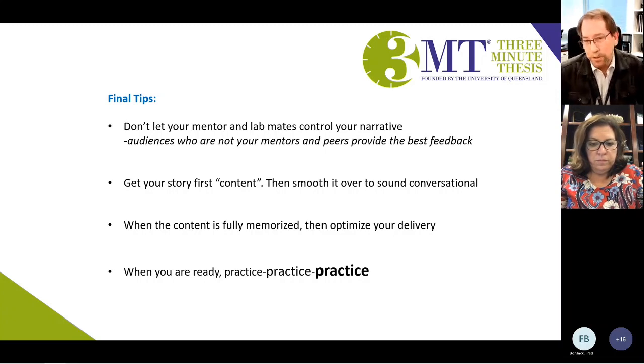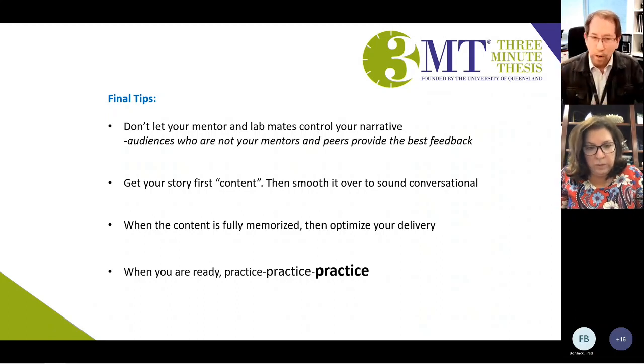Pass it by these people to see if it makes sense to them, and then you can pivot and change, and you'll know when you've found the real content that you want to present. When you've got that, then you can go back to your peers and see how they think about it. But really try to avoid them in the beginning and go to people that are not in your field.